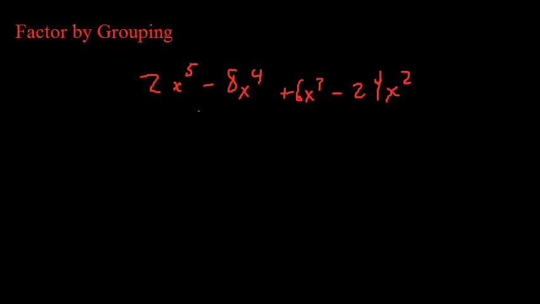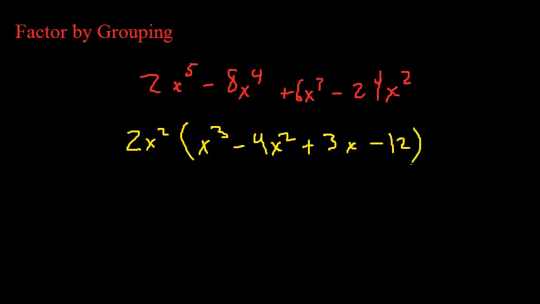I recognize here 2, 8, 6, and 24 all have a common factor of 2 that I can pull out, and they all have a factor of x squared that I can pull out. That leaves me with my new polynomial now of x cubed minus 4x squared plus 3x minus 12.